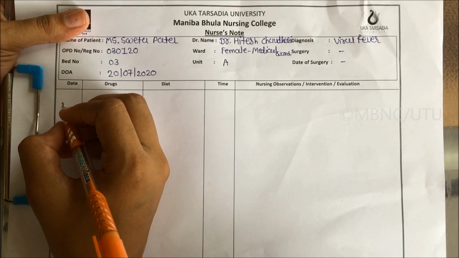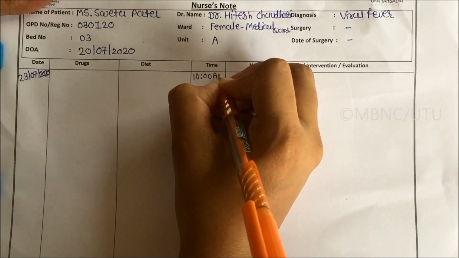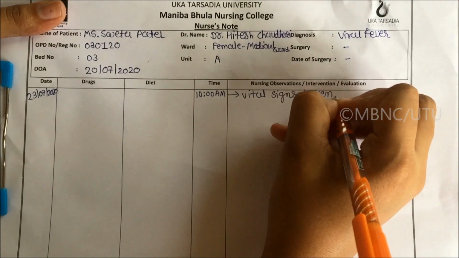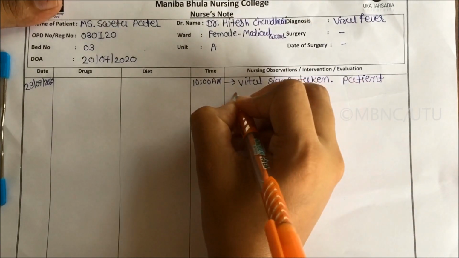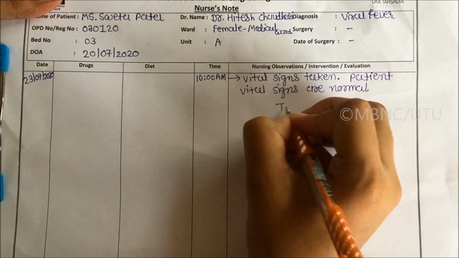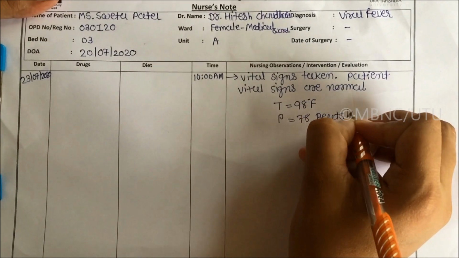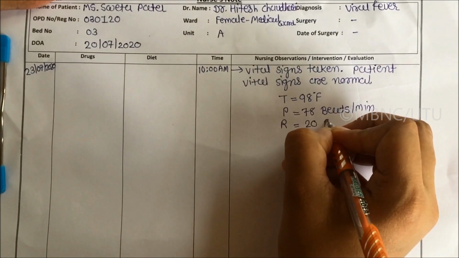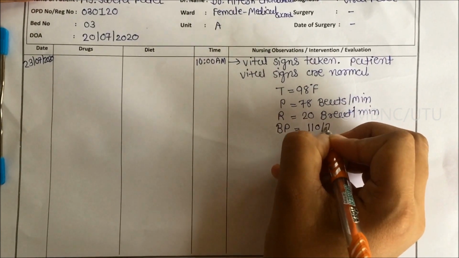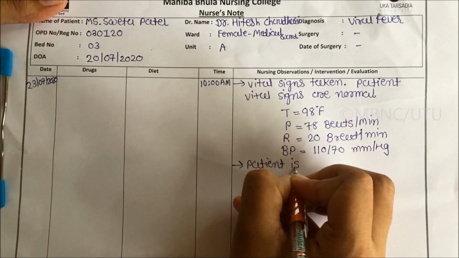In the record and report, mention the date, mention the time, vital signs taken, patient's vital signs are normal, temperature is 98 degrees Fahrenheit, pulse is 78 beats per minute, respiration is 20 breaths per minute, blood pressure is 110 by 70 mm of Hg. Patient is cooperative.